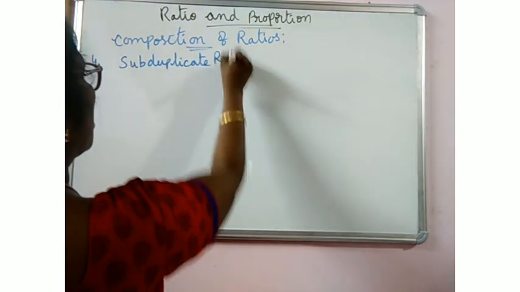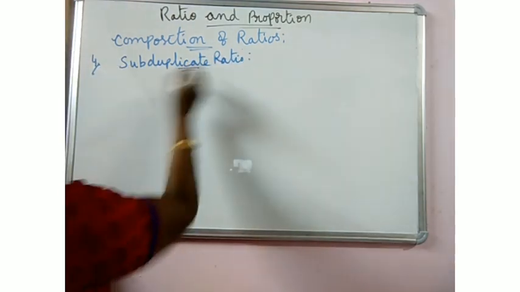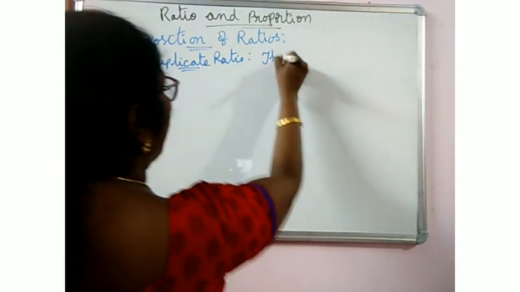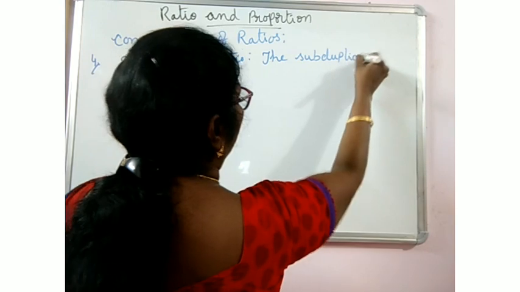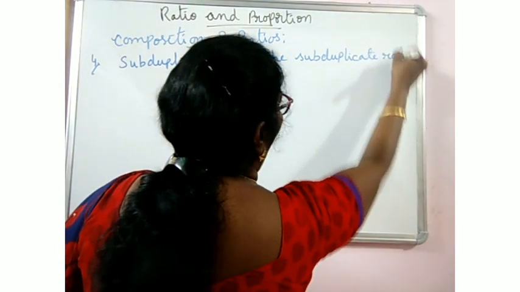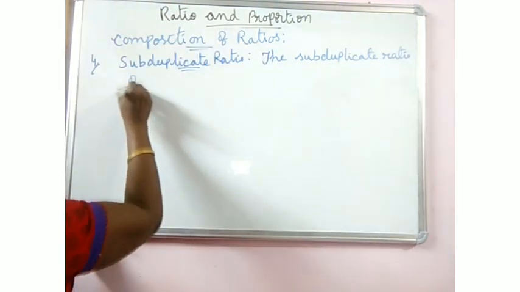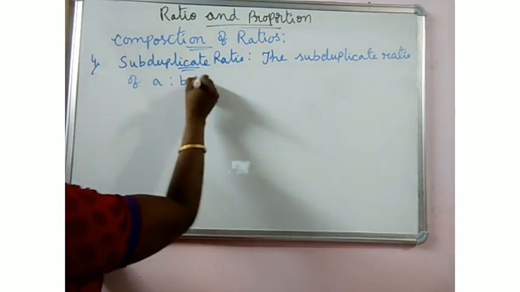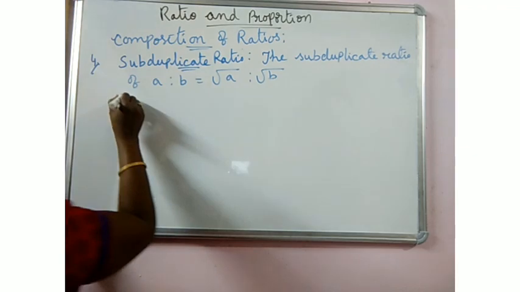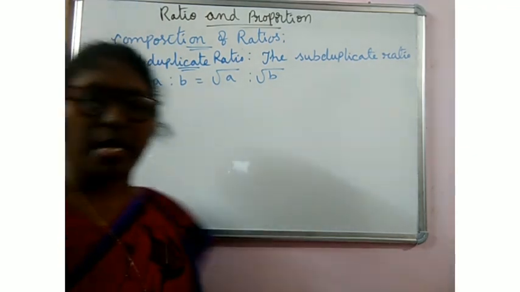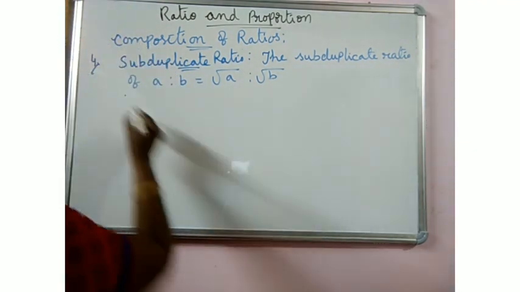The subduplicate ratio of A is to B is square root A is to square root B. Okay, duplicate means square, subduplicate is square root.